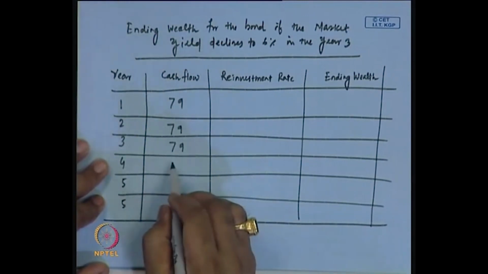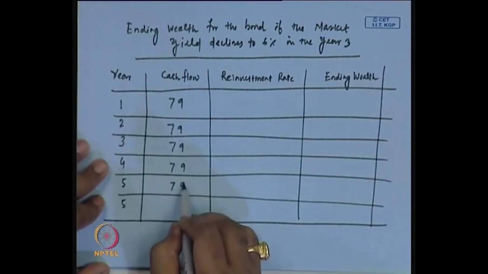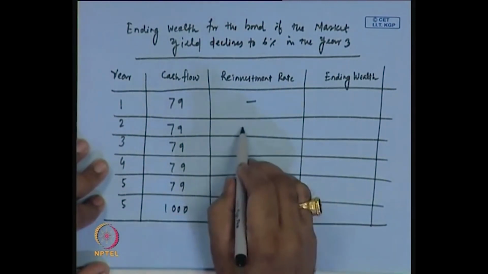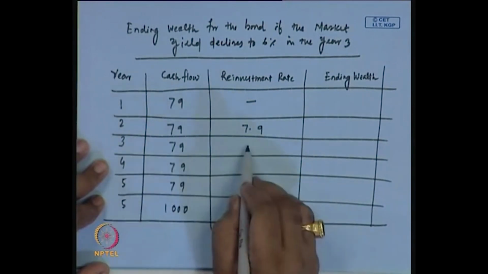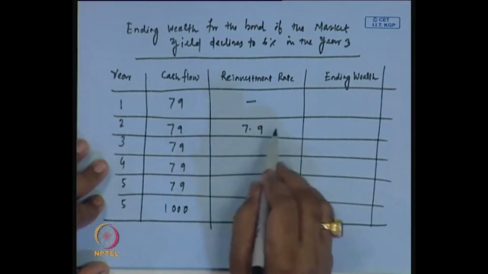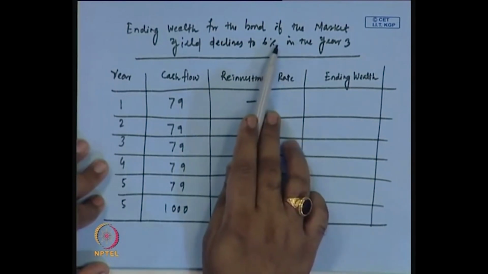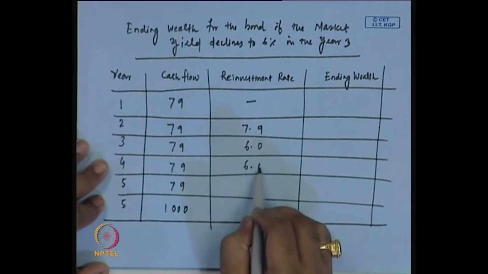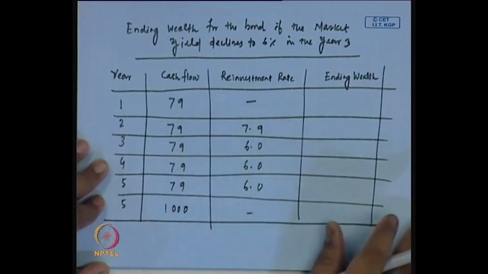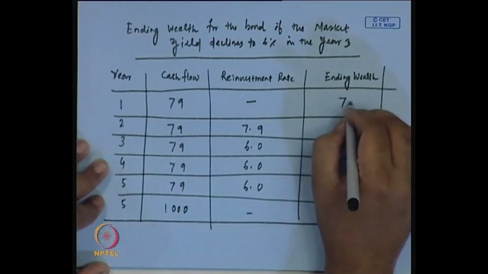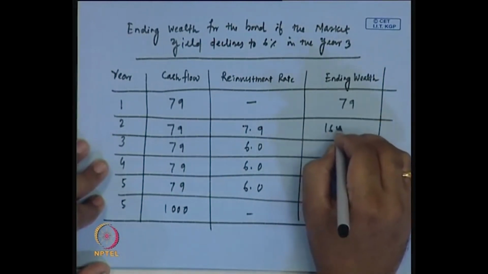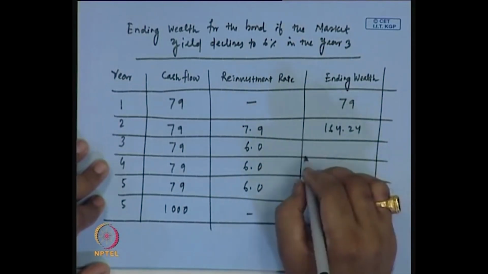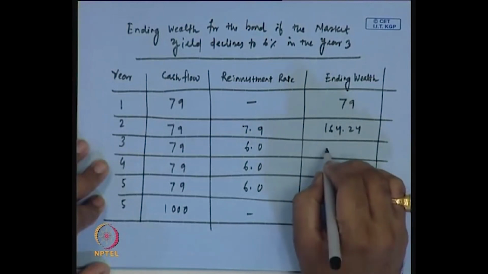Every year it is 79, and here also 1000. Reinvestment is not available here, this is your 7.9. In the third year the interest rate declines from 7.9 to 6%, so it will remain 6.0. Then the ending wealth was 79, the same 164.24. But here, whenever it is 6%, the ending wealth value will decline.